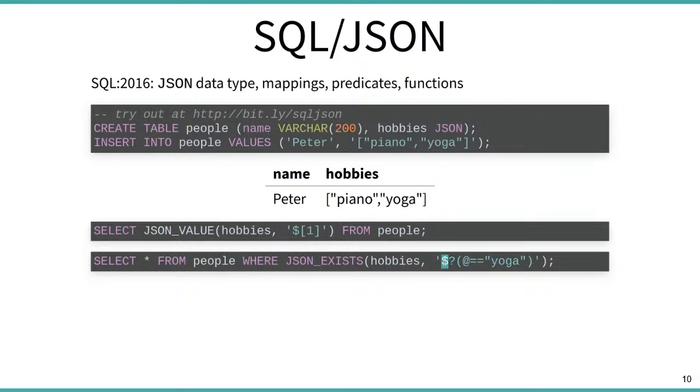So for example, we take a look at the root. This is an array. Then we go into the array elements that fulfill the given predicate. Question mark is always a predicate. And the predicate is the current element which we are looking at. So in the first iteration it's piano. The second iteration it's yoga.